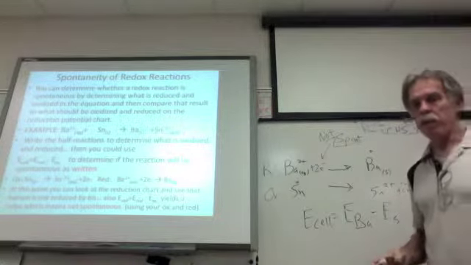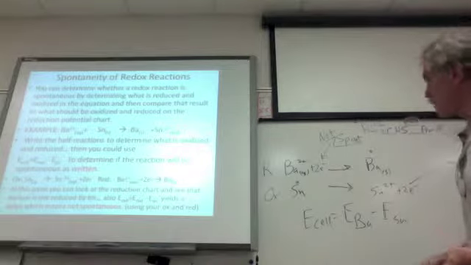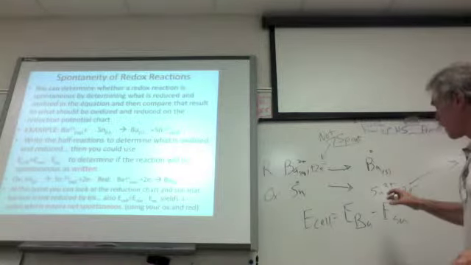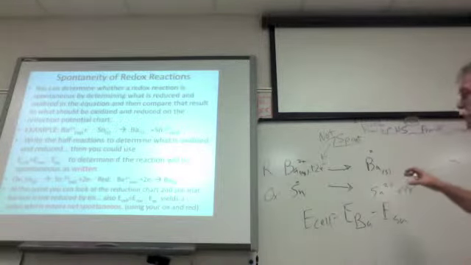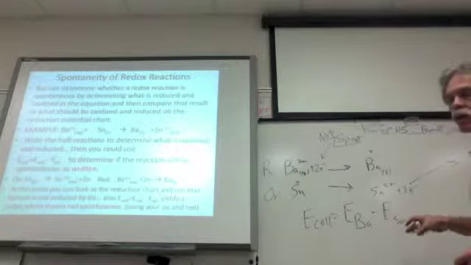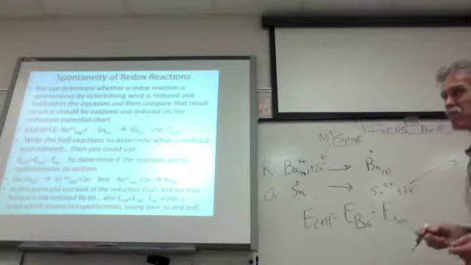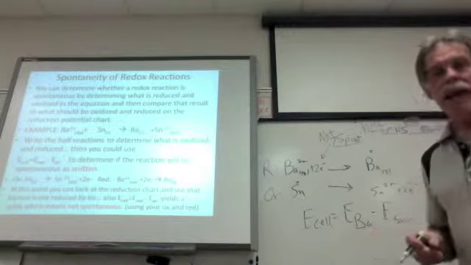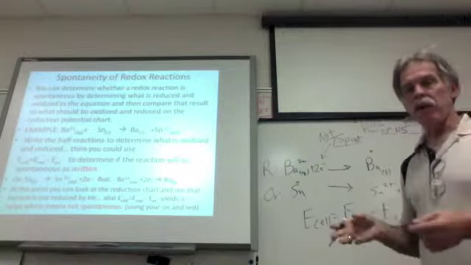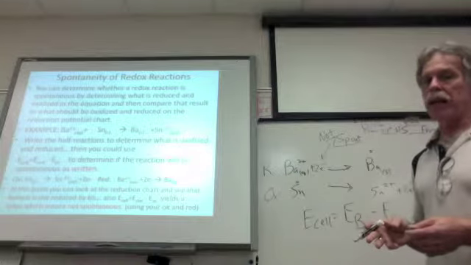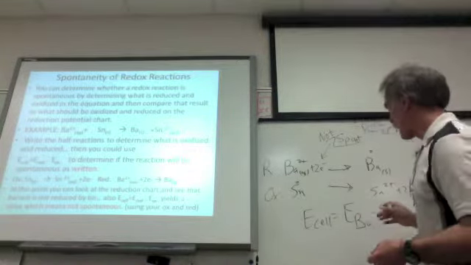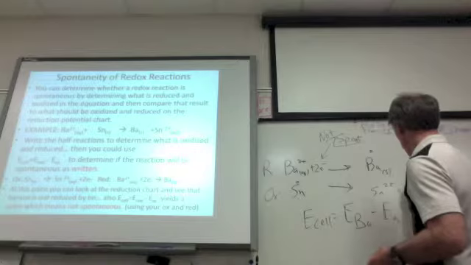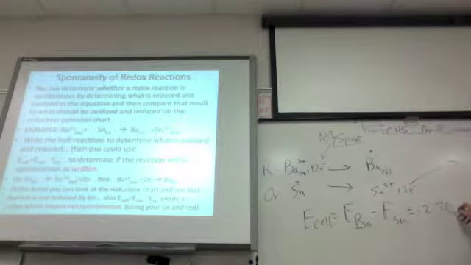So when we look up barium, we see that that's like minus 2.90 volts. So it's minus 2.90 minus 0.14 volts, and we end up with like 2.76 volts negative. Well, negative volts means it's not going to happen. So that is also telling us minus 2.76 volts.